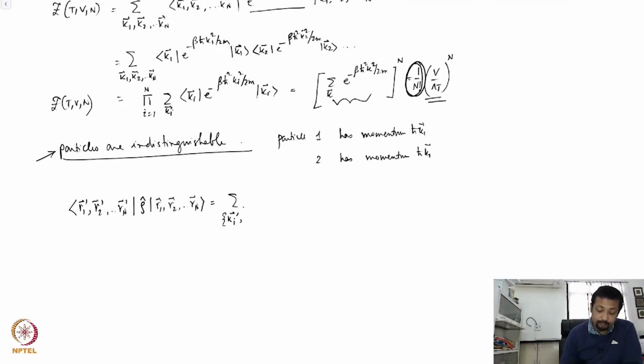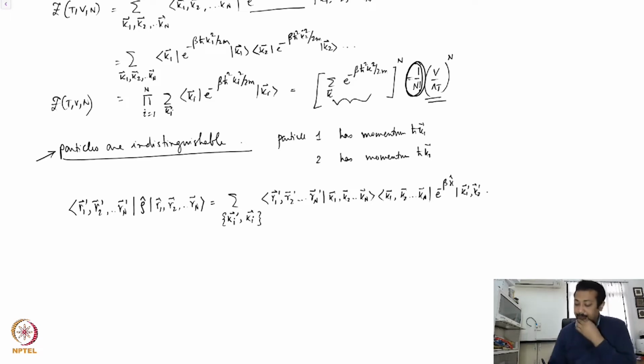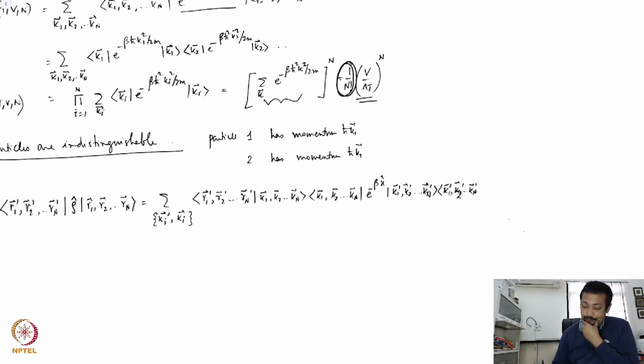I'm going to write this as sum over ki prime and ki, and I have r1 prime, r2 prime, rn prime, k1, k2, kn, e to the power minus beta h bar, k1 prime, k2 prime, kn prime, and then I have k1 prime, k2 prime, kn prime, r1, r2, rn.